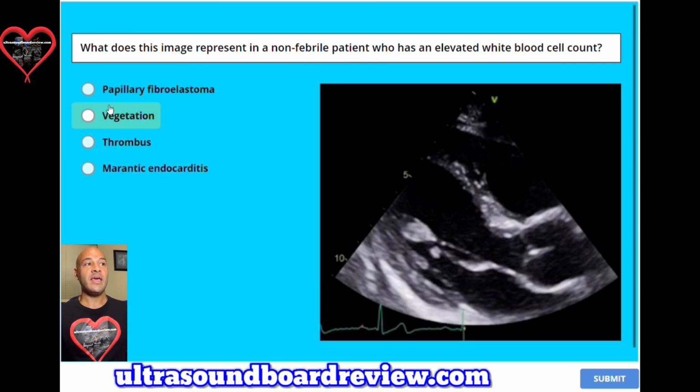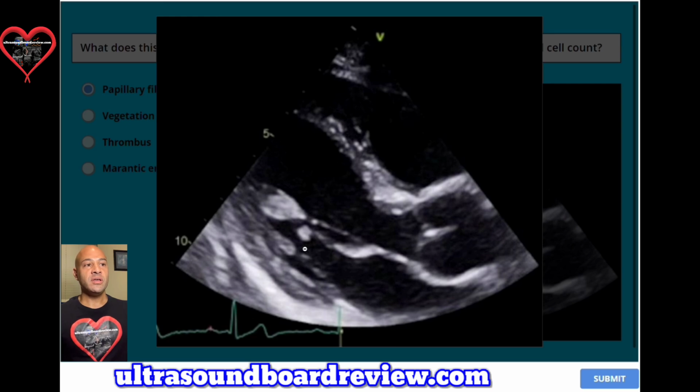The answer is A, papillary fibroelastoma. And on this image, the tumor is right there.